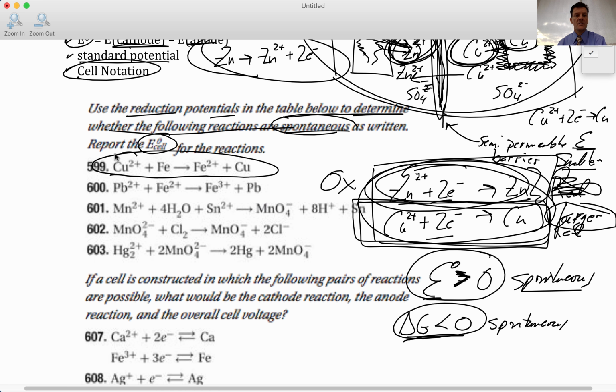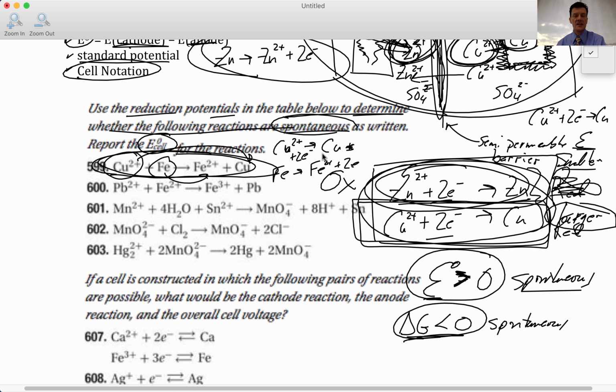We are showing that copper 2+ is turning into copper neutral, and that Fe is turning into Fe2+. So the two half reactions would be copper 2+ turning into copper by gaining 2 electrons, and the iron losing 2 electrons, turning into 2+, according to this reaction.